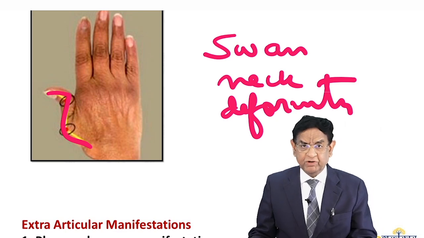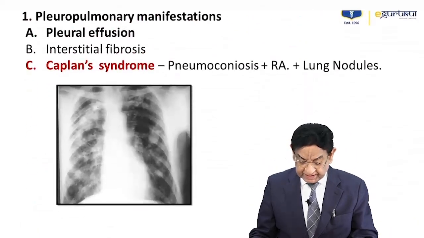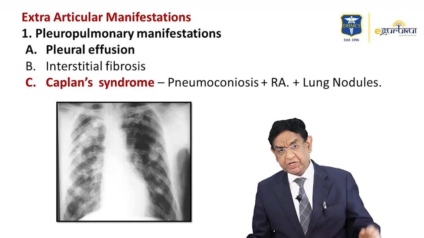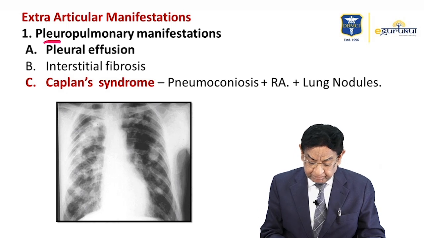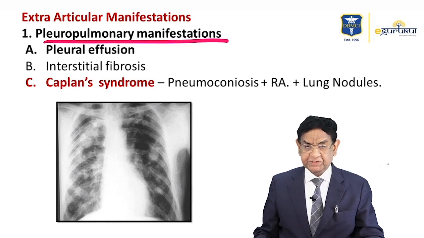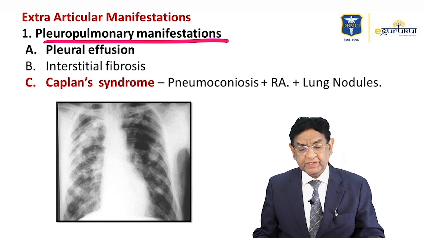Not only does it involve the joint, there are certain extra-articular features also, other than the joint. The patient may have pleuropulmonary manifestations.